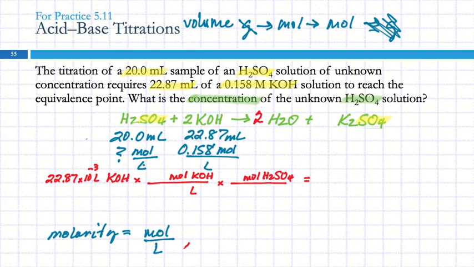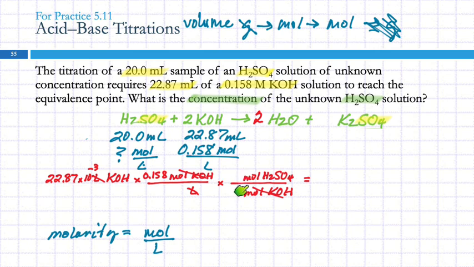So now the liters cancel. And down here, moles of KOH, and those are going to cancel. So this is the molarity of the KOH, which they gave me, 0.158 moles per liter.